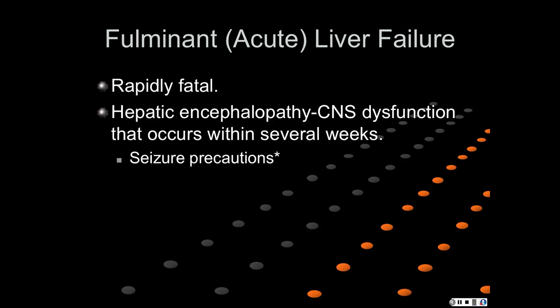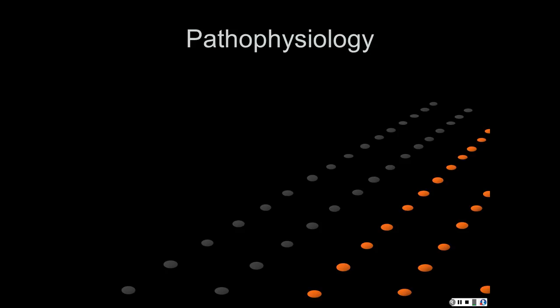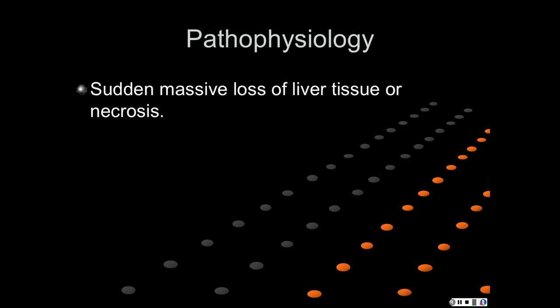You'll remember again that the liver, together with the kidneys, plays a part in metabolizing urea. So if the liver is not functioning adequately, levels of urea and ammonia are going to increase in the blood. And when they do, they go to the brain and become toxic to the brain. Once the ammonia is in the brain, it will cause things like seizures because it's not supposed to be there.